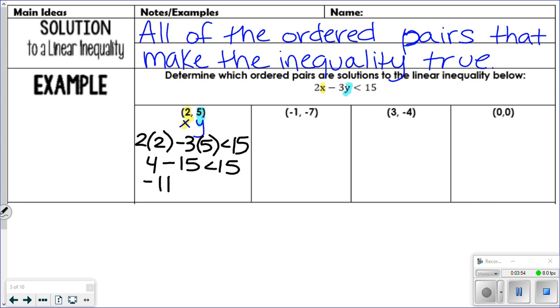Is negative 11 less than 15? Is negative 11 smaller than 15? This is a true statement, so yes, this would be a solution. (2, 5) is a solution to the linear inequality.